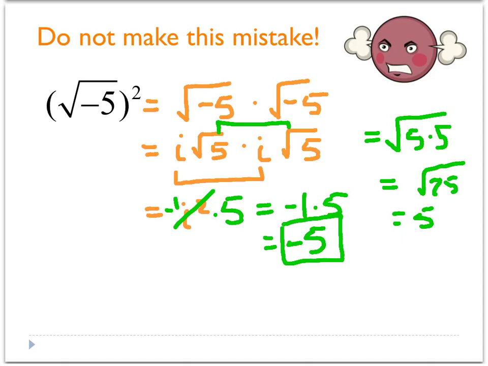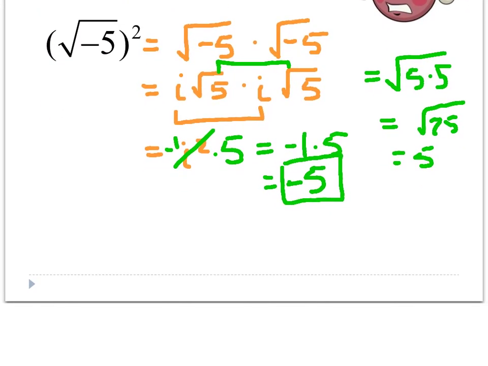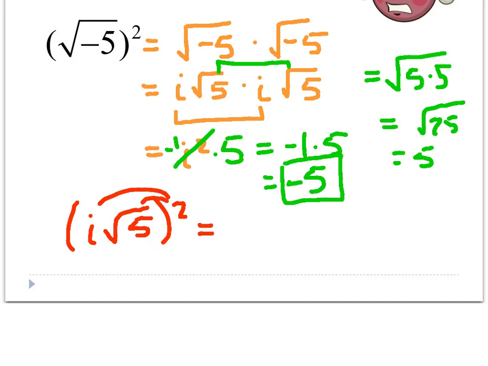Now another way to do this is to know that this negative right here pops out and becomes an i. So this will be i times the square root of 5 squared. Okay, notice that the parentheses are still around both terms there. And then remember our exponent rules, it goes to both.